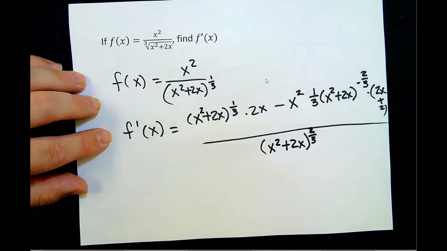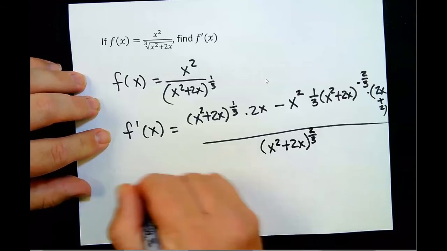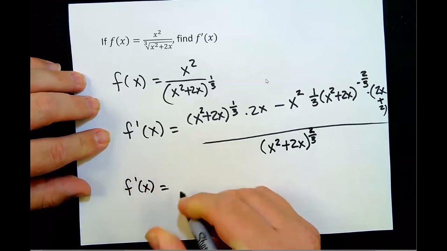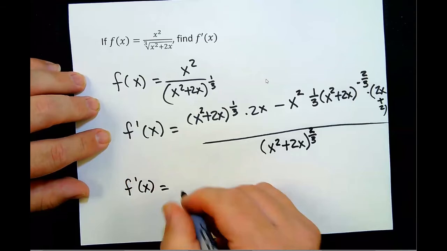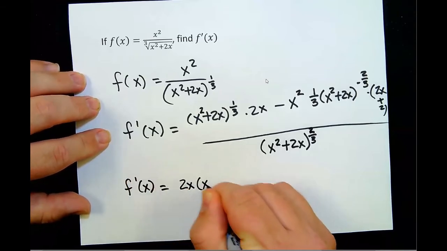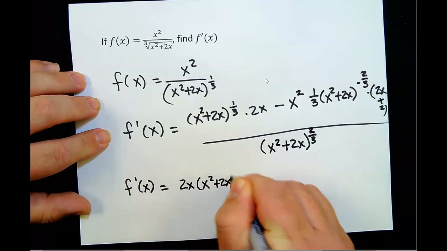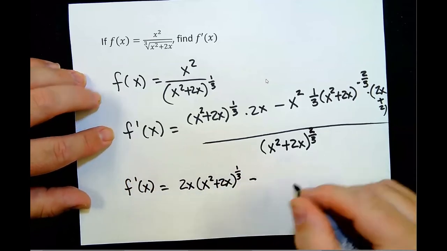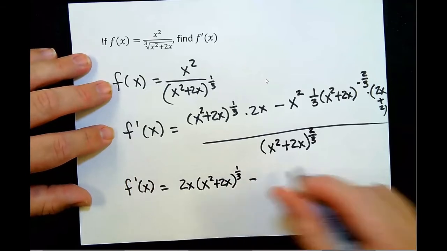There's not a great cleanup to this. Not that it's obvious. I mean, I could factor an x out. That doesn't matter, though. Not really. So if I was going to write this as my final answer, you don't ever really want to leave negative exponents. So I would say 2x times x squared plus 2x to the 1/3 minus, what do we have?